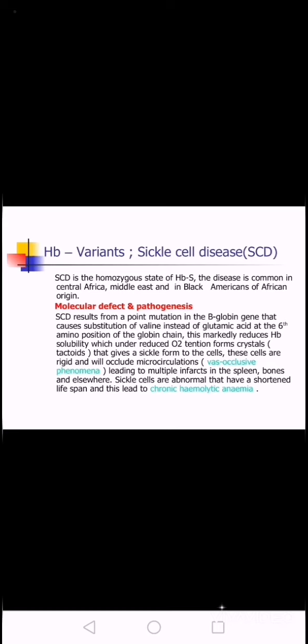That means valine instead of glutamic acid at the 6th amino acid position of the globin chain, and that leads to reduced Hb solubility, which under reduced oxygen tension forms crystals that give a sickle form to the red blood cells.